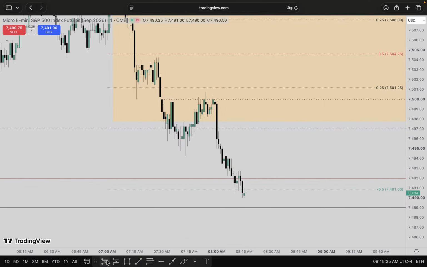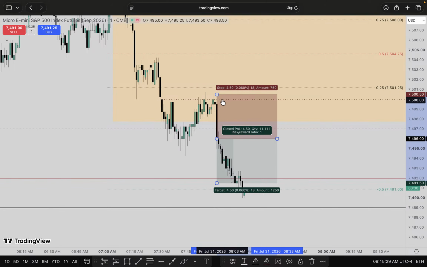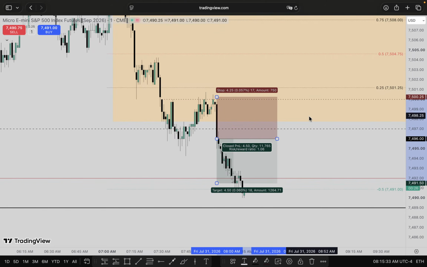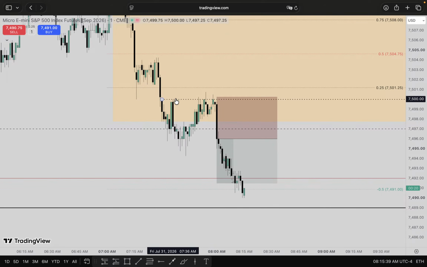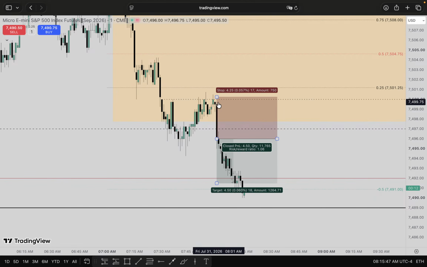So if you would have gotten in here before it took out the low, stop loss above the 730, we're going to be confident our stop loss is not going to get touched because NQ has already reached the 0.5, and then we got bodies respecting this, and then we got a displacement.